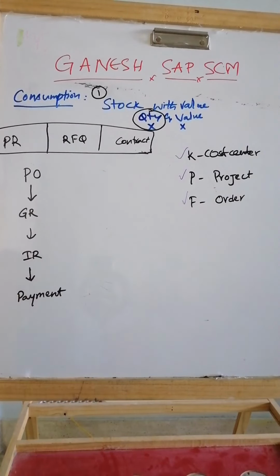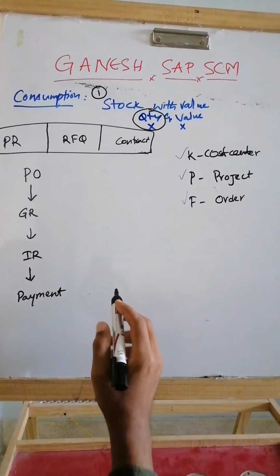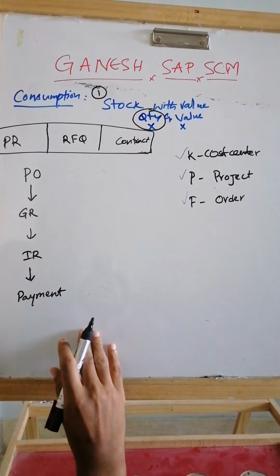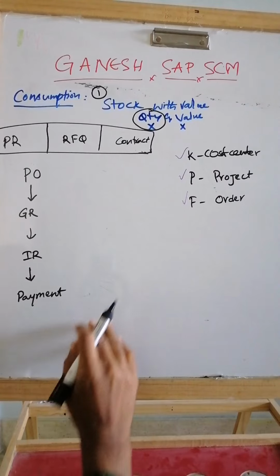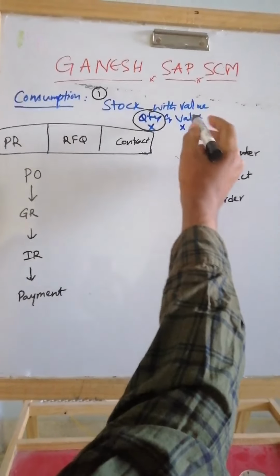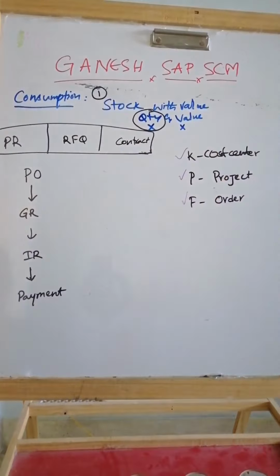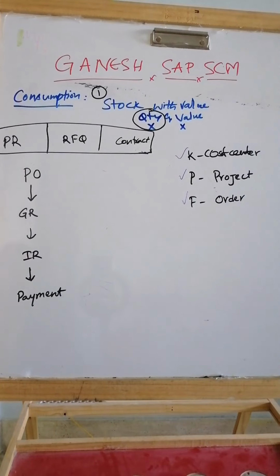Then IR and payment. So this is the way the business can work when you are dealing with quantity and value. In this case, you cannot skip any of the processes; we have to do all of them. Another case, case 2, I want to highlight here.